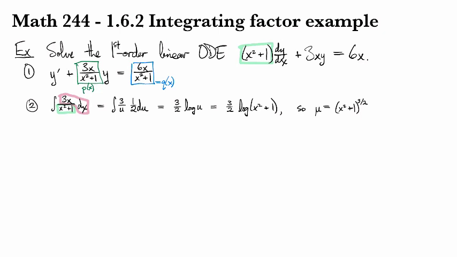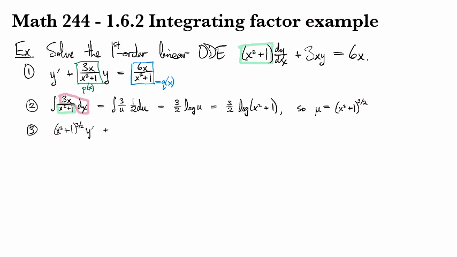Now we go on to step 3. So for step 3, I'm going to multiply this x squared plus 1 to the 3/2 across both sides of the equation. So I have x squared plus 1 to the 3/2 times y prime.